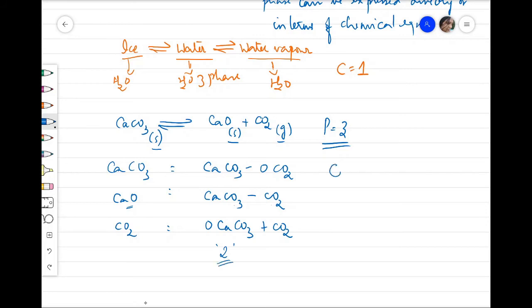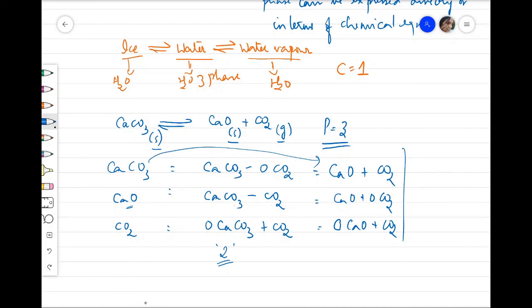Now I can also take calcium oxide and carbon dioxide. Then this phase will be calcium oxide plus carbon dioxide, this will be calcium oxide plus 0 carbon dioxide, and this will be 0 calcium oxide plus carbon dioxide. So you see, with two components I could define all three phases.